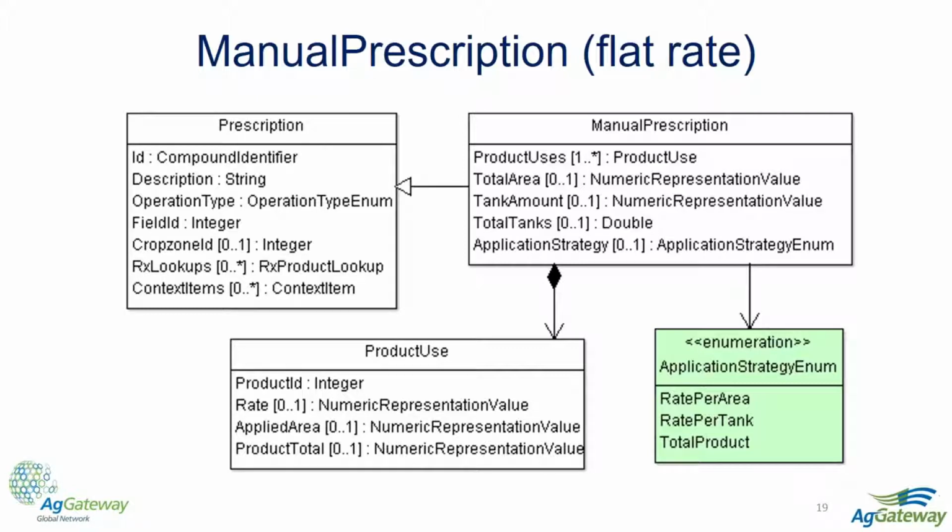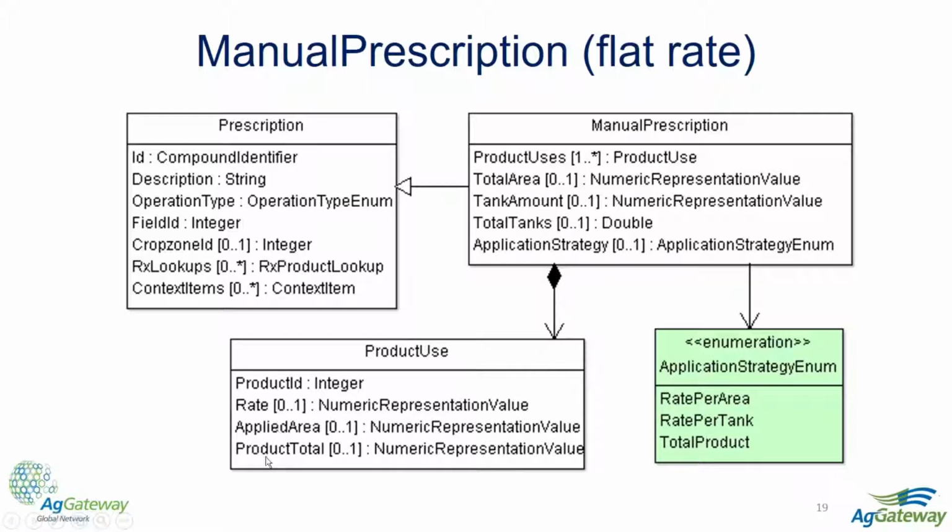So essentially saying, what does, in this case, it might be, an application of something in units of volume per unit area, for example. Product use also tells us what the applied area for that product is, what the total product was. Essentially laying out the mass balance for the use of that product.